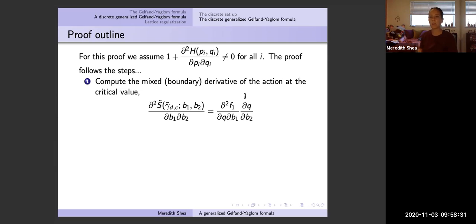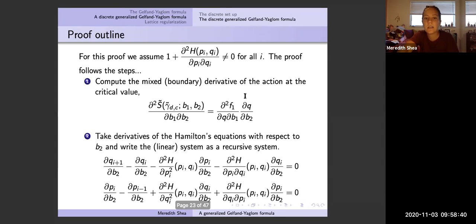So to do that, we're going to take Hamilton's equations, the discrete version, and we're going to just take derivatives of them with respect to B2 to get a nice system of equations. So the Hamilton's equations aren't linear, but once you take the derivatives with respect to B2, you get these two linear equations. And you can throw these into a recursive system. And so you have this nice recursive system. It allows you to basically replace this derivative of q with respect to B2.